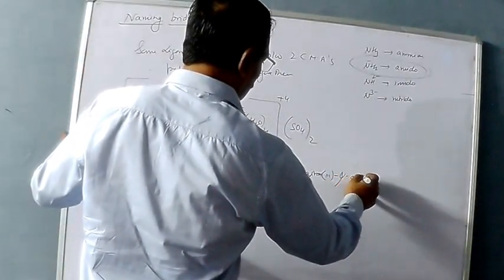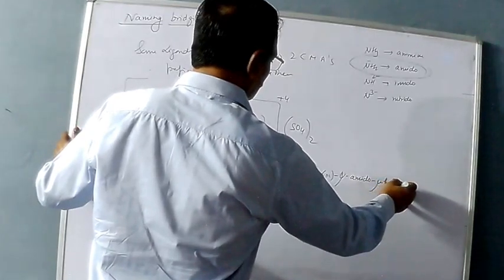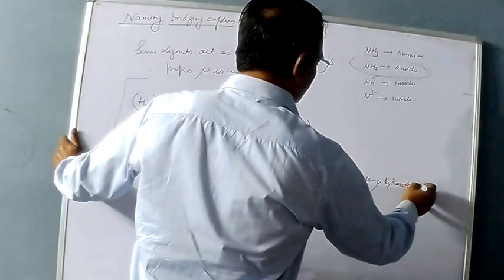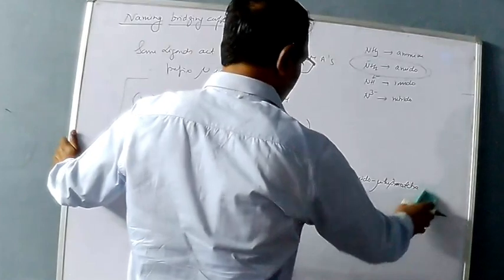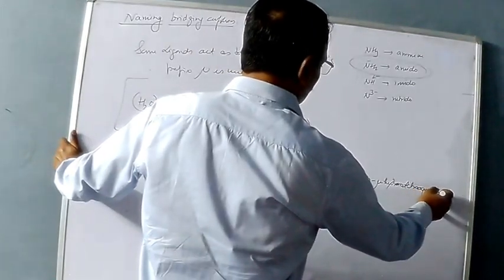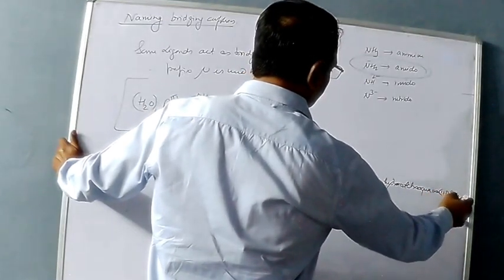Mu amido, mu hydroxo. Again tetraaqua, both will be there. Tetraaqua iron(III) sulfate.